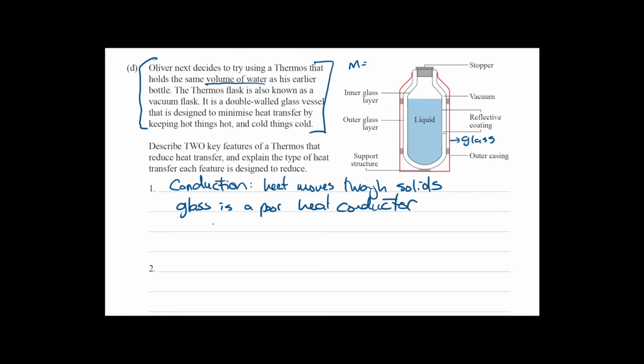Okay, describe 2 features. The other thing which is a poor conductor is the stopper. So the stopper is probably made of some sort of rubber based something, I guess, which is also a bad heat conductor, or a poor heat conductor.